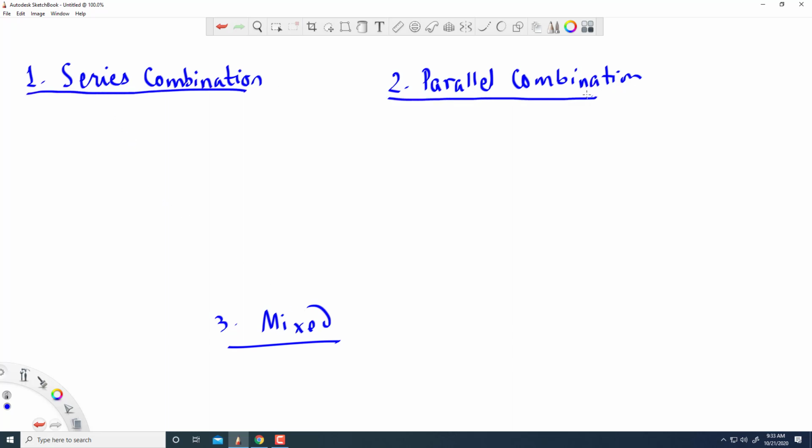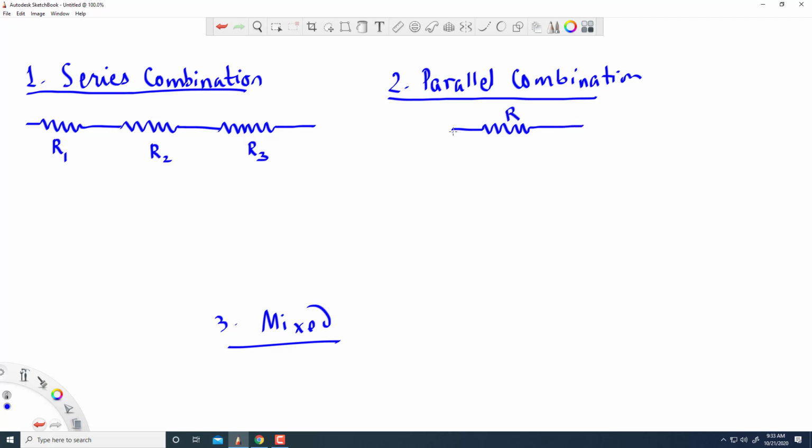So, series is you have a resistor that has the value of resistance R, let us call it R1, and this is connected to another one in series like this. The end of this one connects to the end of that one, and then you connect this to this one. That is R3. So, this is a series combination. For a parallel combination, you have a resistor like this, R1.